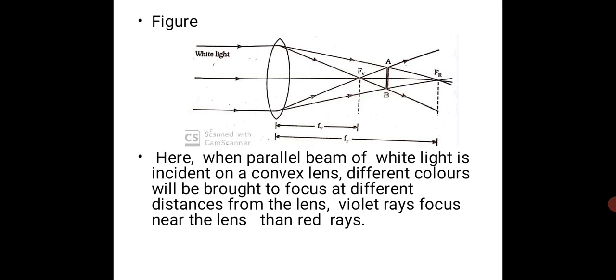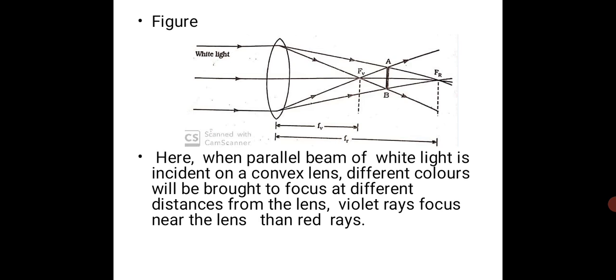White light, when it passes through the lens, bends, and the violet rays will meet at the principal axis at point Fv, and the red rays will meet on the principal axis at a different position. So there will be different meeting points for violet ray as well as red ray, and the remaining colors meet on the principal axis at different positions in between Fv and Fr.